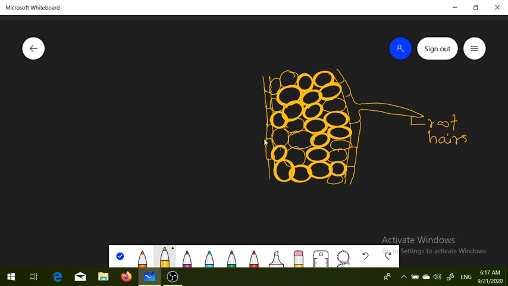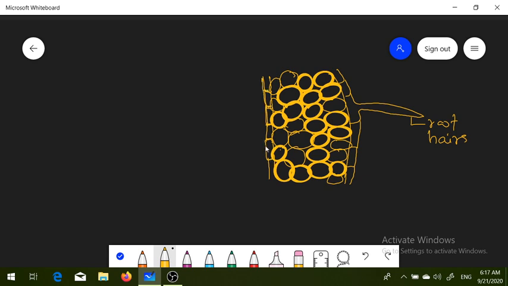Okay. So these endodermal layers have thick radial walls, and these are known as the Casparian strips. But some of the cells are thin.